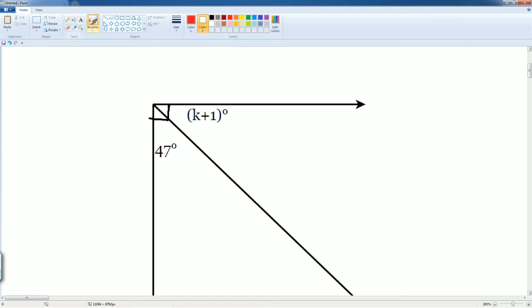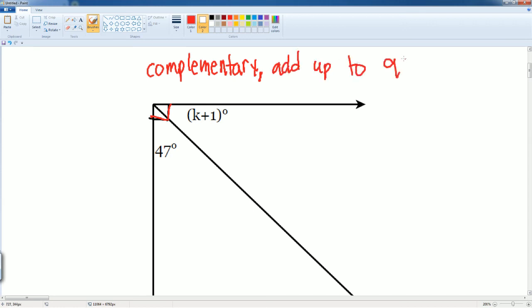This allows us to say that these two angles are complementary. That means they add up to 90 degrees.